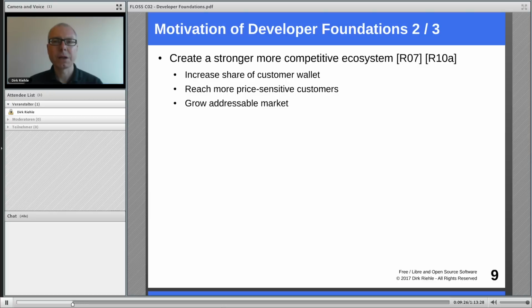It helps open source software managed by a developer foundation by having companies join forces, helps increase the share of the customer's wallet that the company relying on the open source software can gain. It allows the same company to reach more price-sensitive customers and to grow the addressable market.